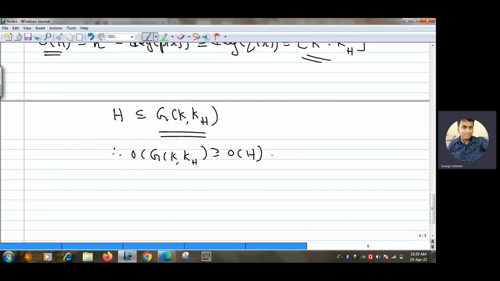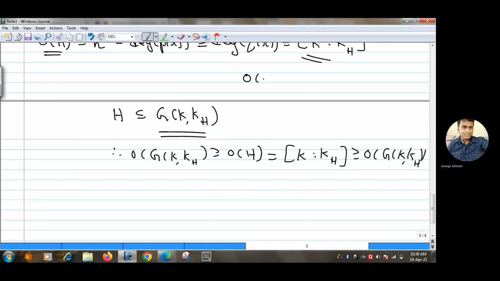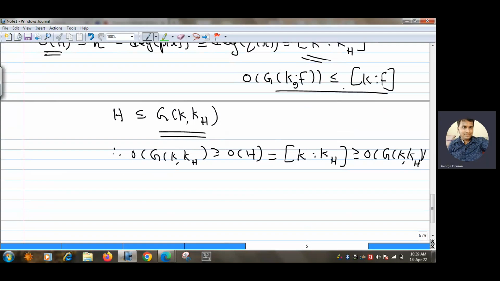Right? But right now we have proved that the order of H is nothing but the dimension of K over KH. Right? And the dimension of K over KH is larger than or equal to the order of G(K, KH). Why is this true? Because we have proved that if K is a finite extension of F, then the order of G(K, F) is less than or equal to the dimension of K over F. Unit 3 last theorem.